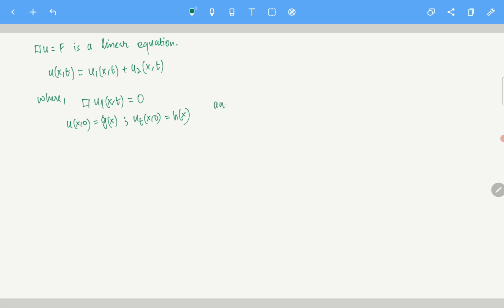And the D'Alembertian of u2 of x,t is going to be capital F, with u2 at the point x,0 being 0, and the t-derivative of u2 at the point x,0 also being 0.